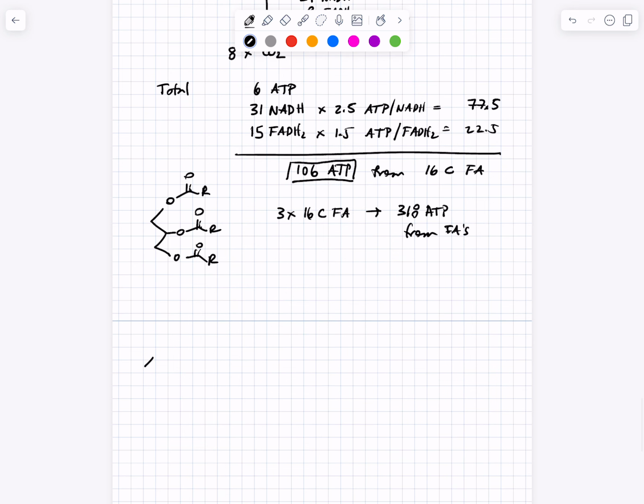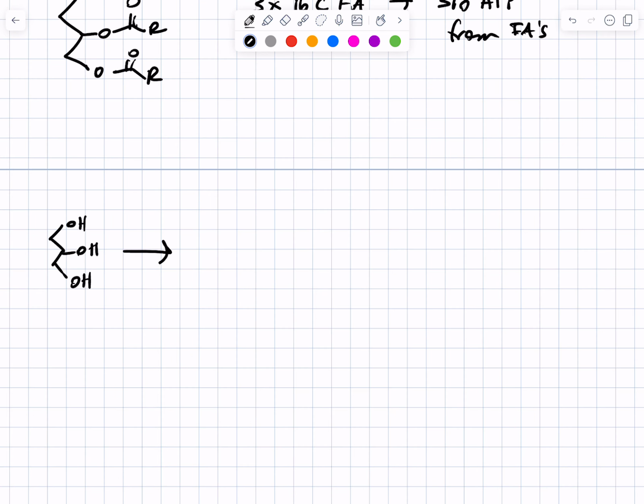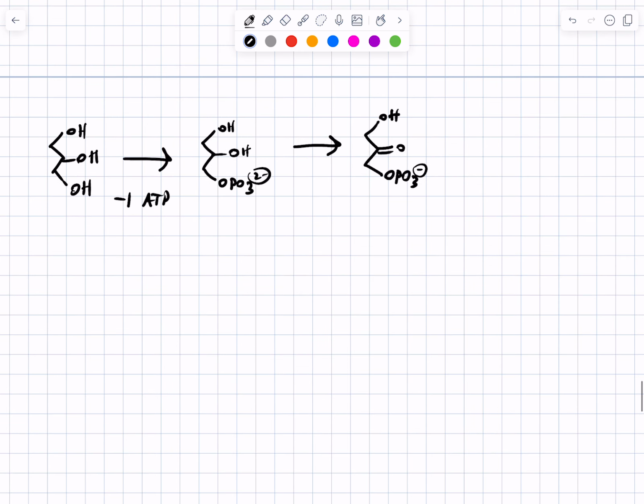What about the glycerol? We learned that to make glycerol, we first phosphorylate it, so we make 3-phosphoglycerol, and we do that with a kinase, so that's -1 ATP, and then we oxidize to dihydroxyacetone phosphate, and that was NADH.